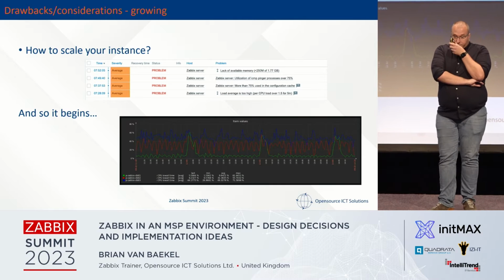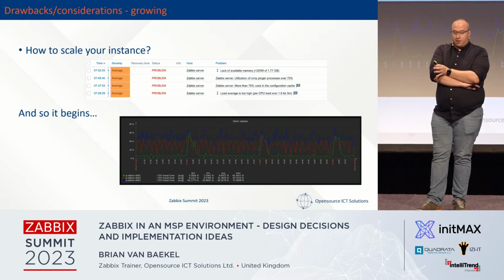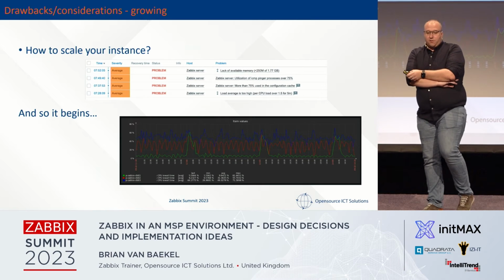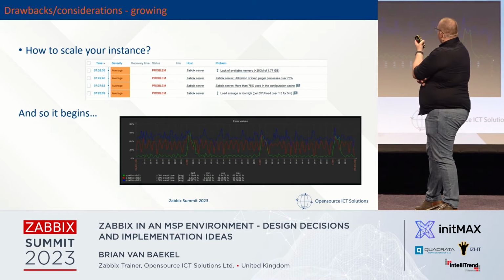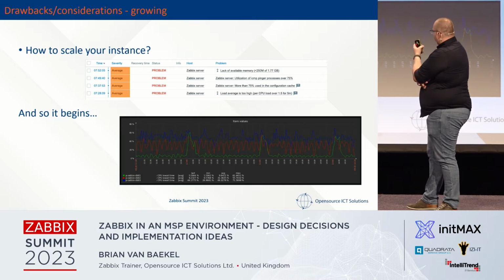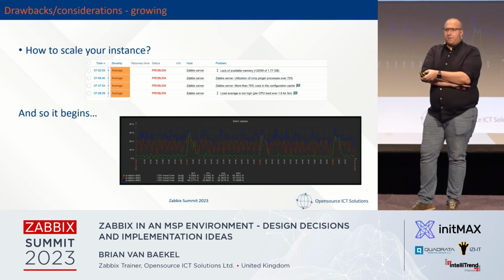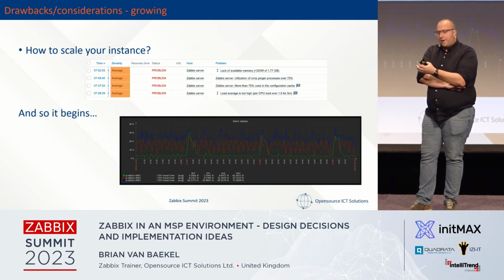Another one, and this is for us always a big challenge, scaling it. So we have some examples. I mean, lack of available memory, utilization of the ICMP pinger process, some other stuff there. But that's just the beginning of how bad it can be.